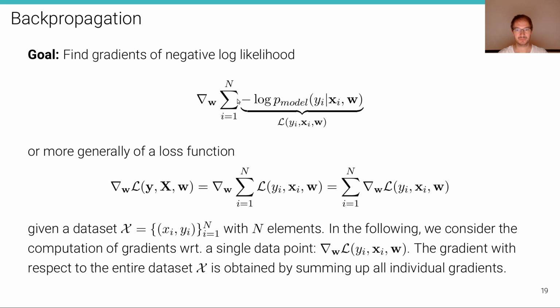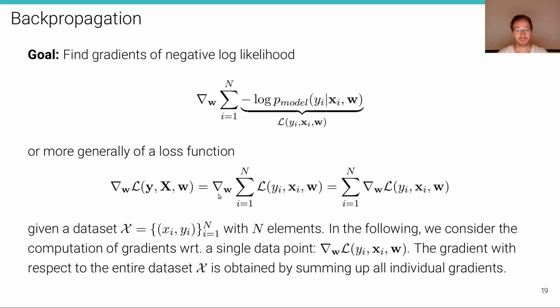So this is this term here, L, for each individual data point, Yi, Xi, and W. Right? And N indicates the number of data points in our data set.